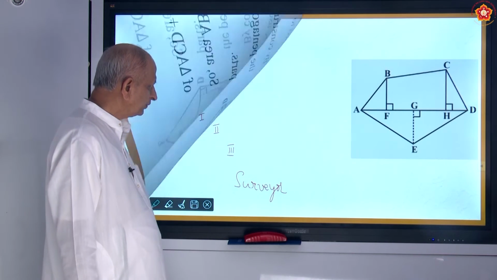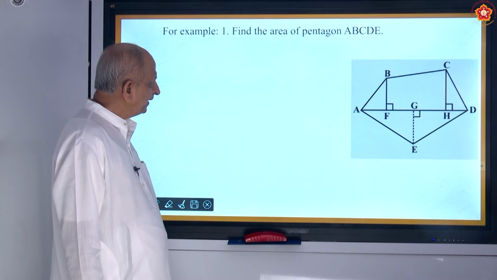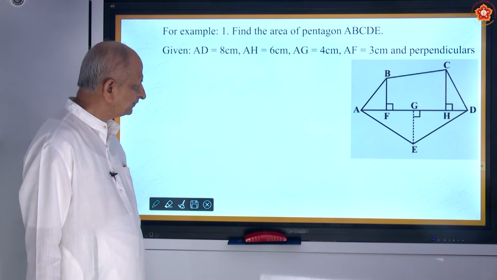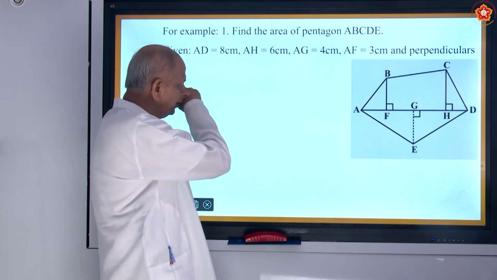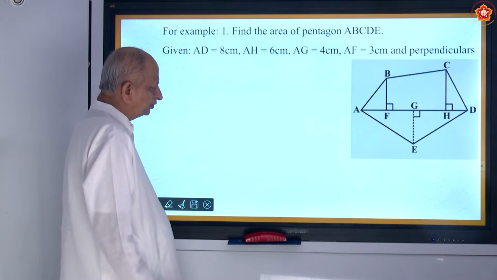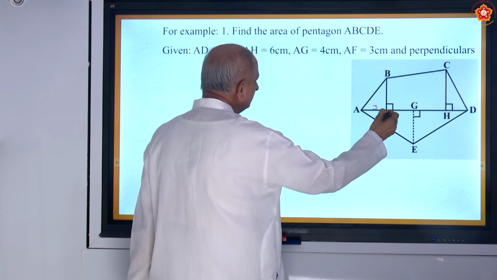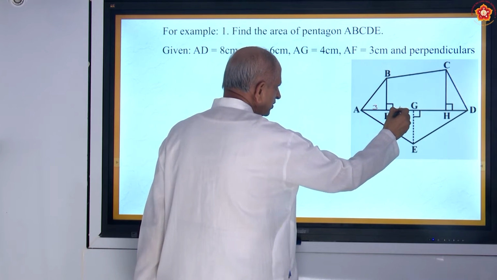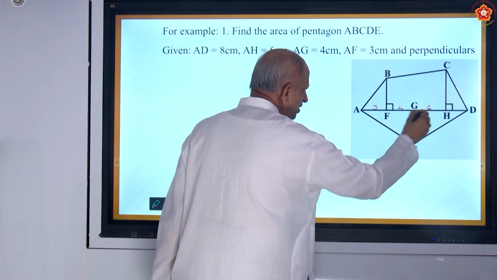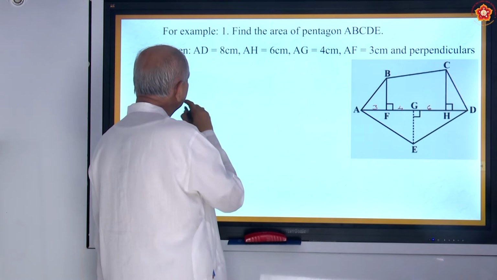So let us work out the problem now. Find the area of the pentagon ABCDE. You are given AD 8 centimeters, AG 4 centimeters, AF 3 centimeters. So AF is 3, AG is 4, up to here, then AH is 6, then you have AF 3, AD 8.